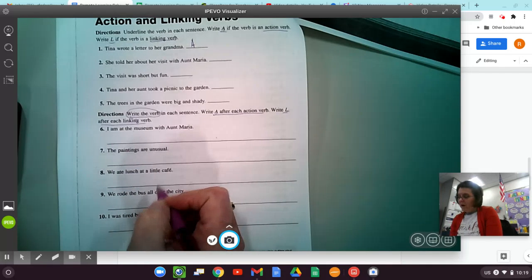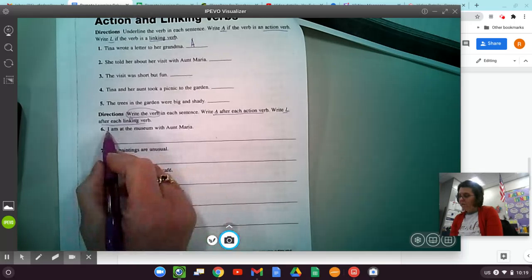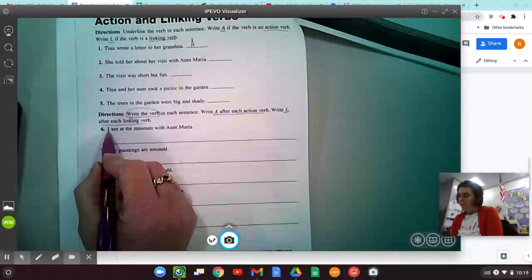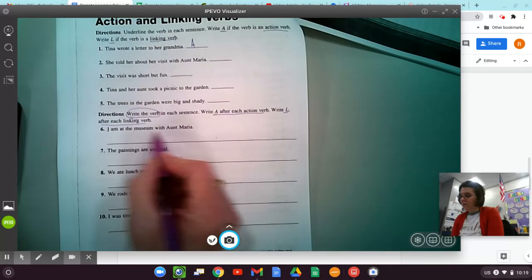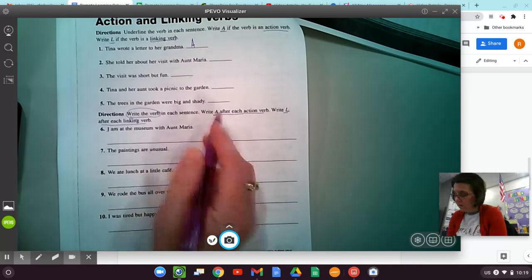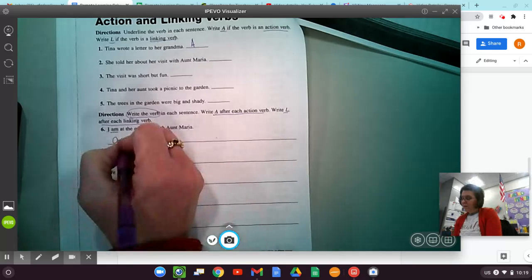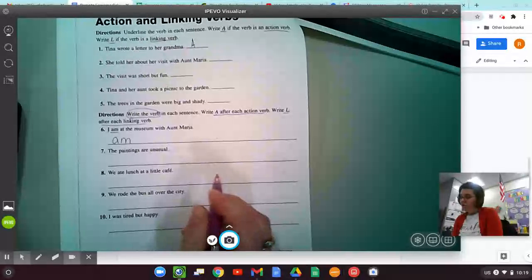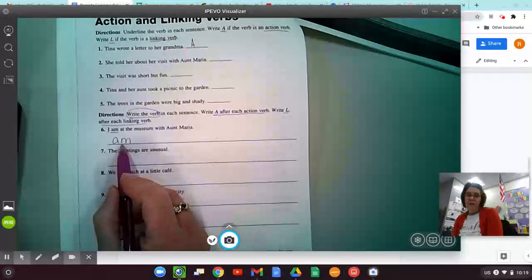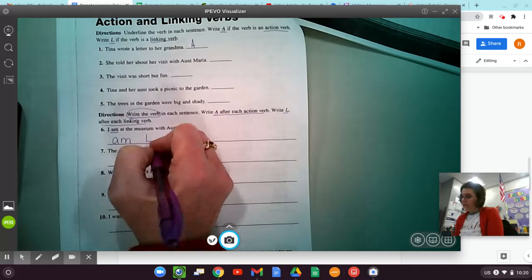I am at the museum. Who's the sentence about? I. And what about her? They're at the museum with Aunt Maria. So am is the verb. So you're going to write am. Now is that action or linking? It's linking, so you need to write L for linking verb.